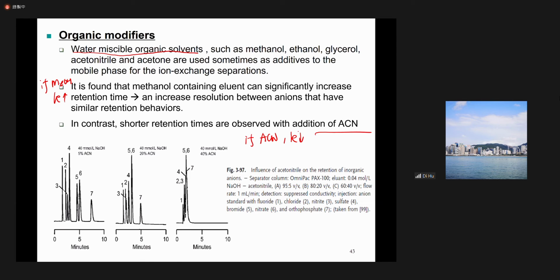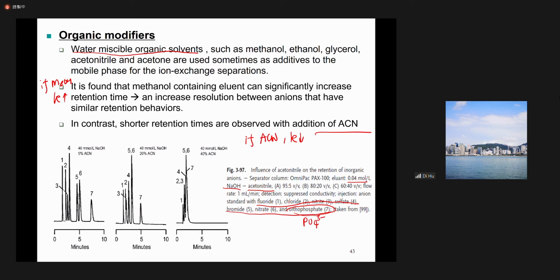You can see this example here. It has sodium hydroxide and acetonitrile. It's for separation, actually not really for organic, just for normal ones. We have seen that many times, right? But you can see here now the number 7 is also phosphate, at 0.04, so it's 40 millimole, and 95 to 5, very high.